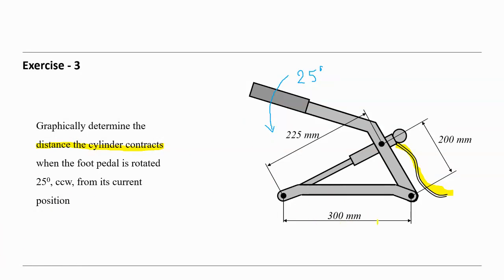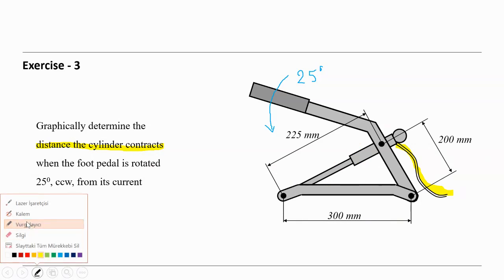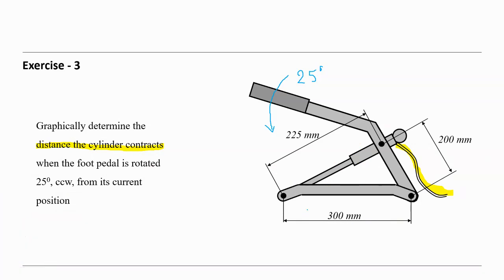So you have the distances here, 300 millimeter, 225 millimeter, and 200 millimeter. That means all these dimensions are given. So for the initial position, we have to draw a coordinate system somewhere, and we say, let's say, here the XY coordinate system like this is fixed, this is also fixed, doesn't move.